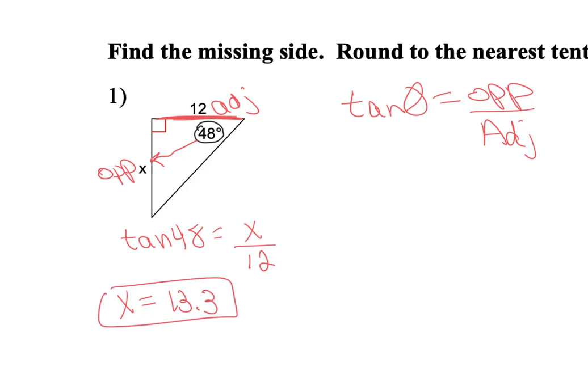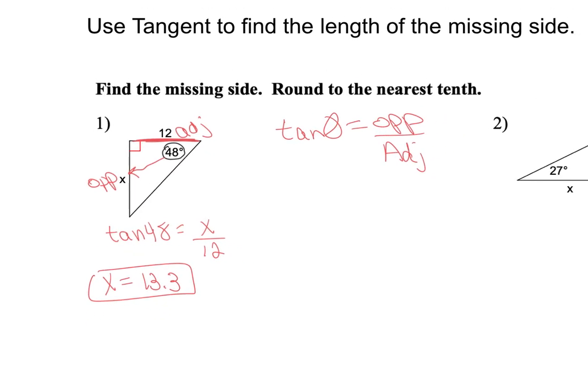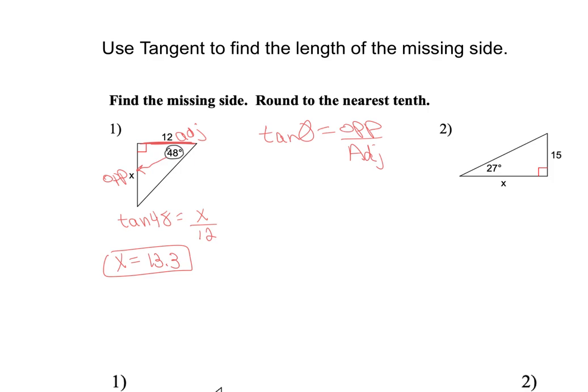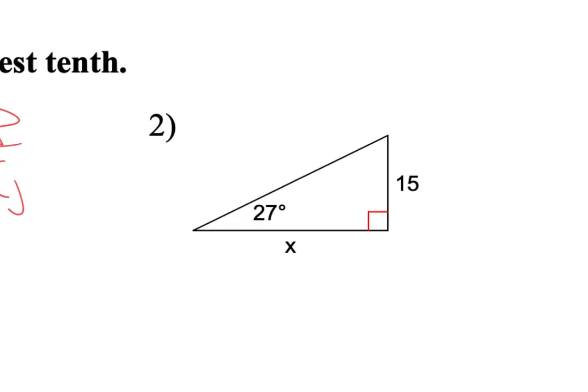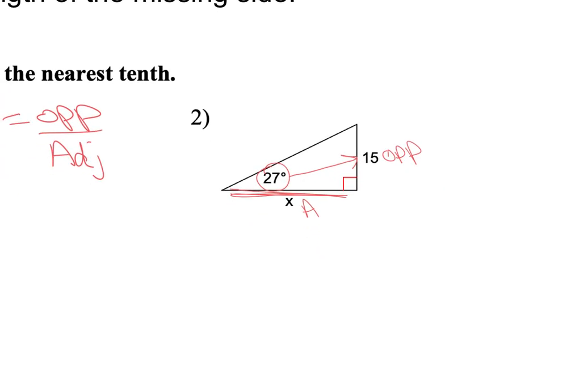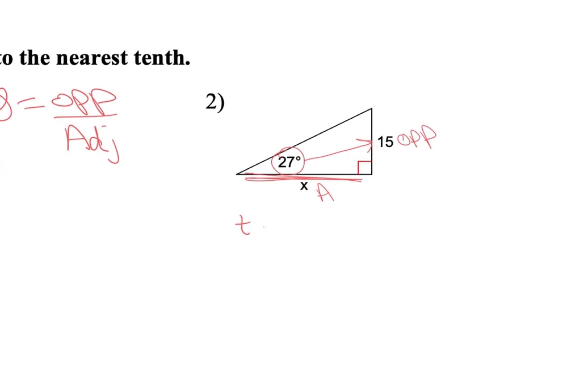Again, as I am doing these, please make sure that you are actually entering these into your calculator as well. That way you're practicing how to do it. Over here, here's our 27. On the other side, that's our opposite. Right next to it, that is our adjacent. Opposite and adjacent tells me we're going to use tangent.